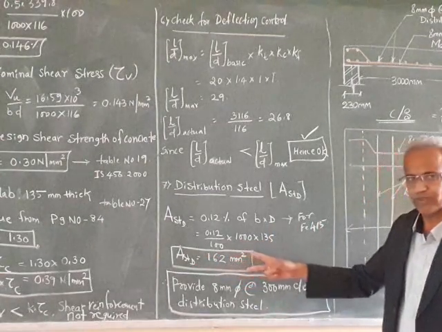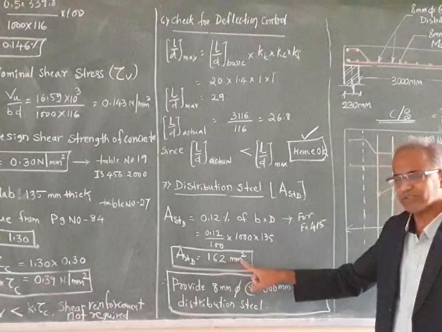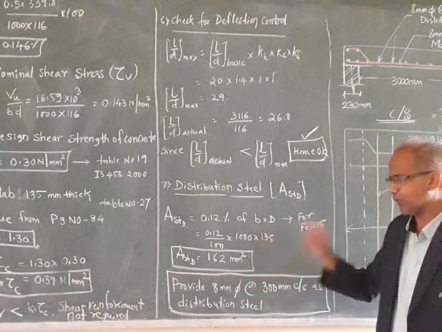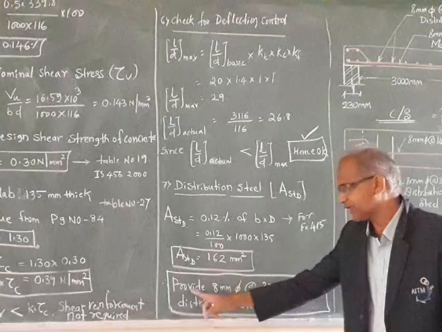So total area of distribution steel required is 162 mm square. Okay, then last you can write down.